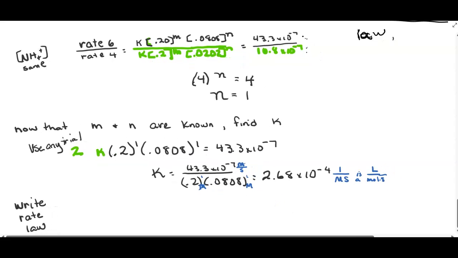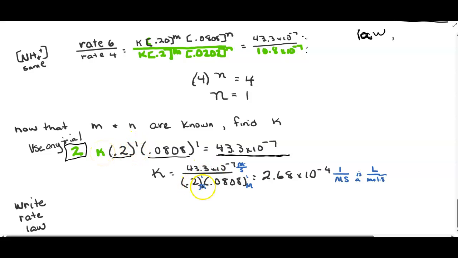So I can use any trial I want. I know everything. I know that the rate was given from the table in the last column. I'm going to pick trial number 2 here, and so I picked that rate from the second row. I picked this concentration for the nitrite, and it's raised to the first power, and I picked the concentration for the ammonium, it's raised to the first power. My only variable is k.